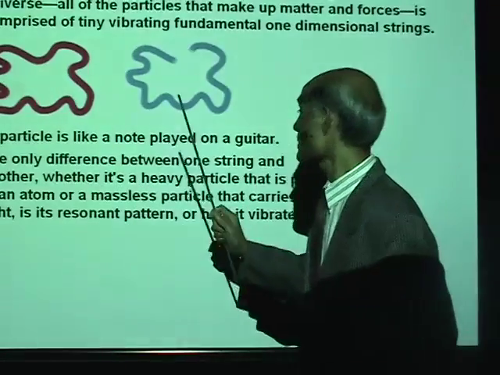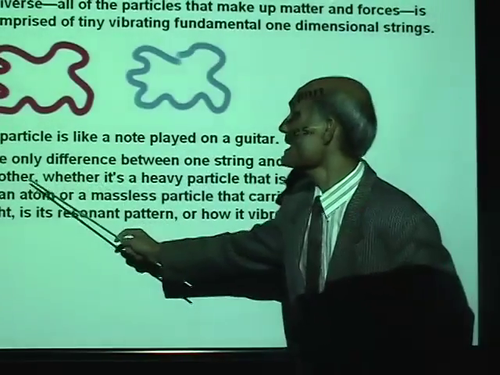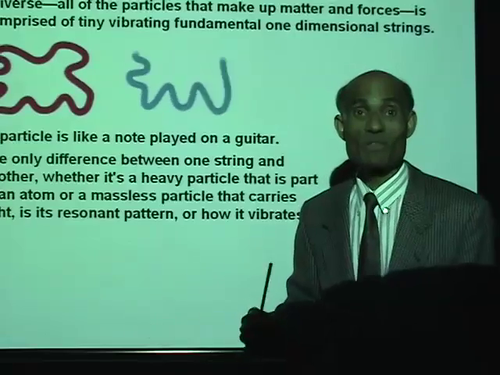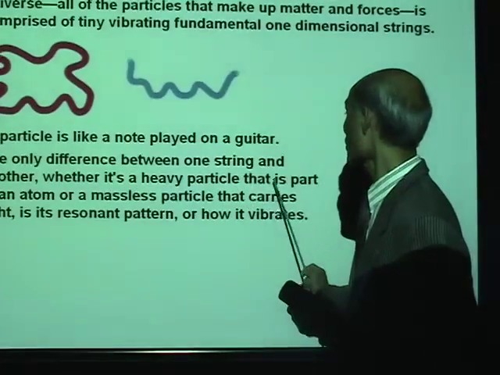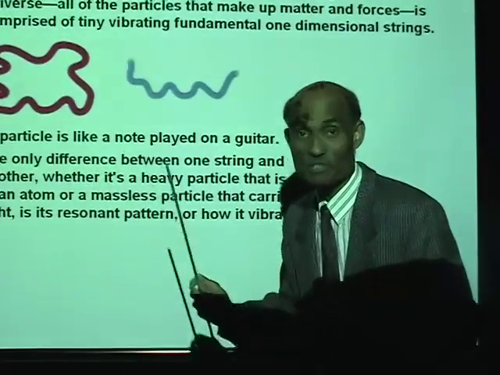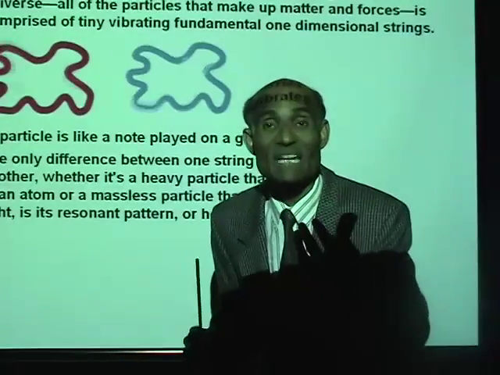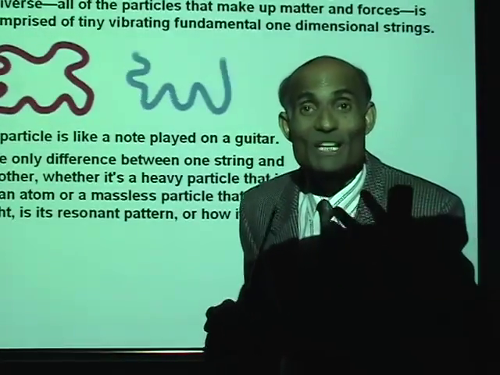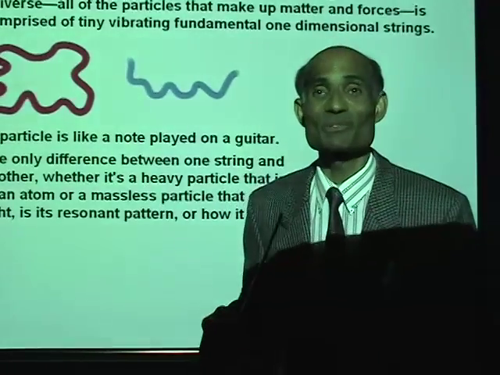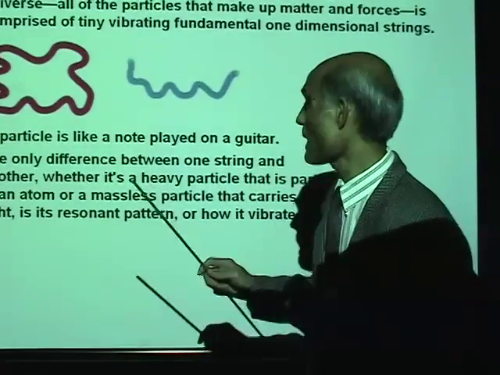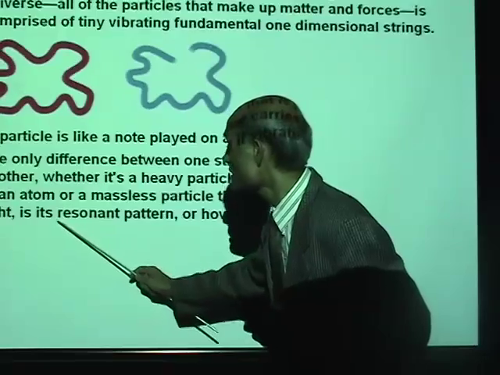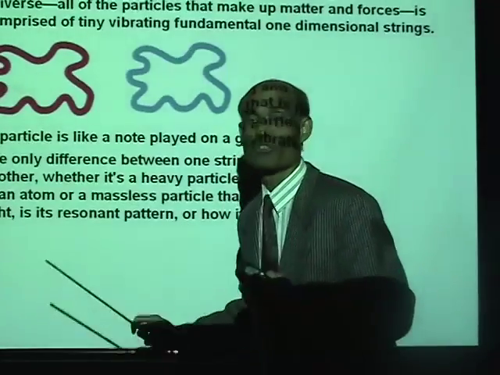The only difference between one string and another, whether it's a heavy particle that is part of an atom or a massless particle that carries light, photons are assumed to be massless particles. So all these particles are different resonant patterns.